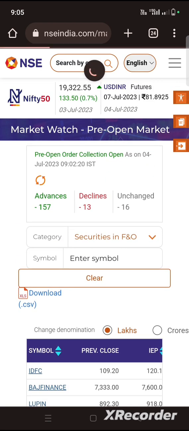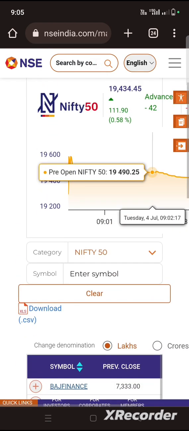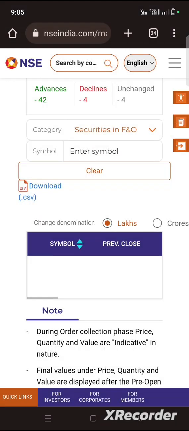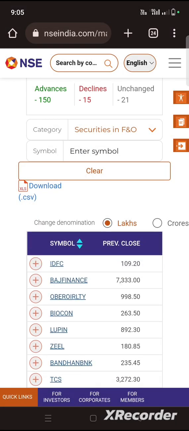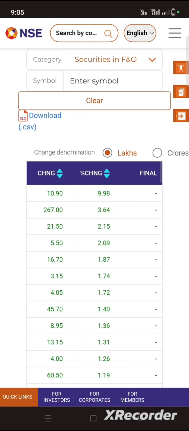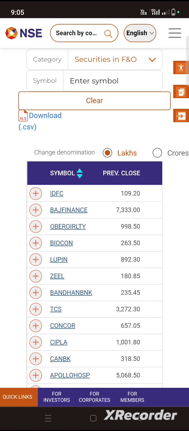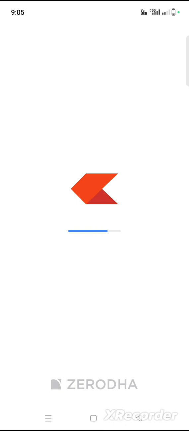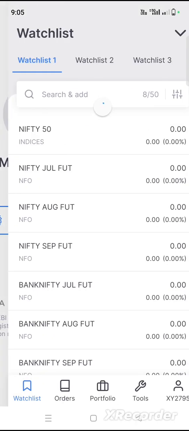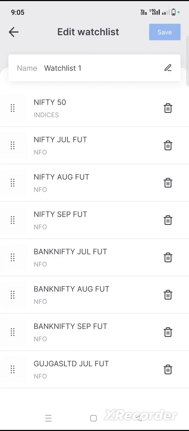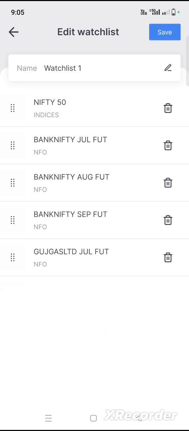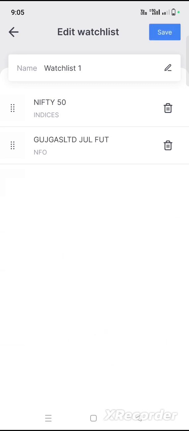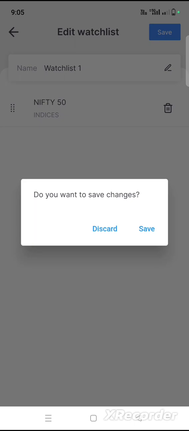I'll once again refresh it and select securities in FNO. There is mostly no change. So I go to Zerodha and delete my previous watch list.